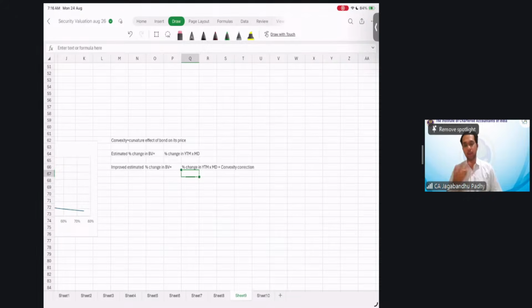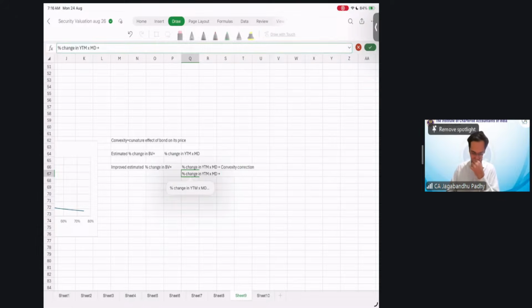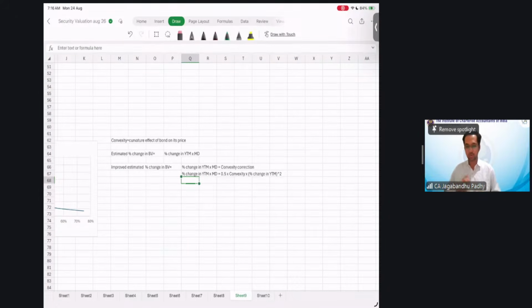Right. So for that, I need to calculate the convexity part. Now let me just say that this is going to be percentage change in YTM into modified duration, plus we add the convexity correction, defined as half into convexity, so we'll be calculating a convexity number, half into convexity into percentage change in YTM square.